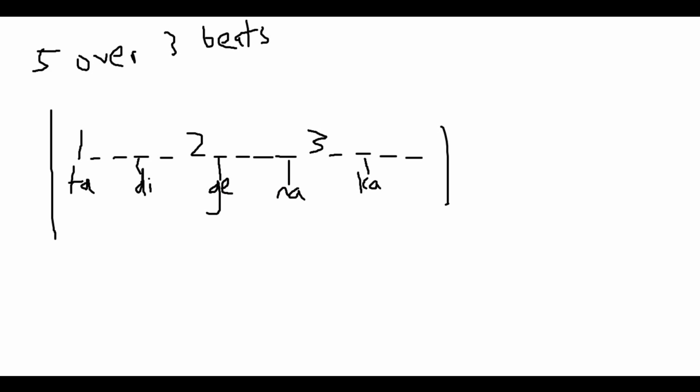When it comes to 5 notes over 3 beats, you would have to divide each beat into 5. So let me do that again. You have a total of 15, and then you divide that by 3, and you have 5.